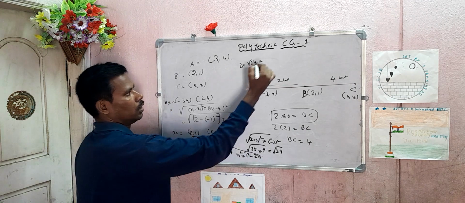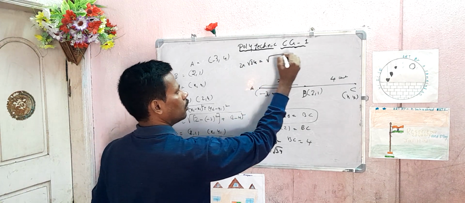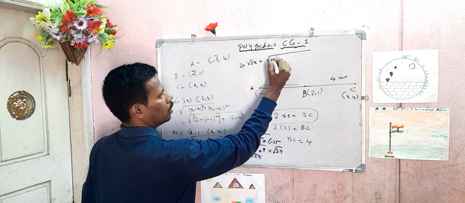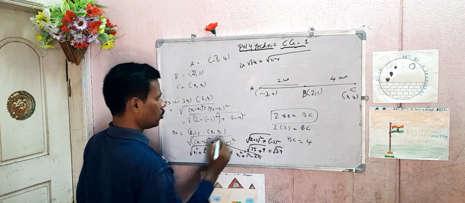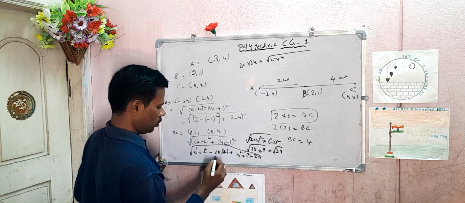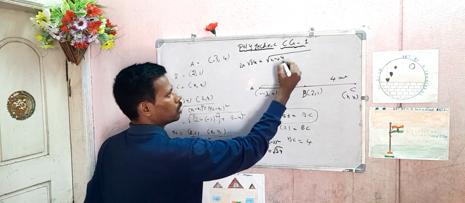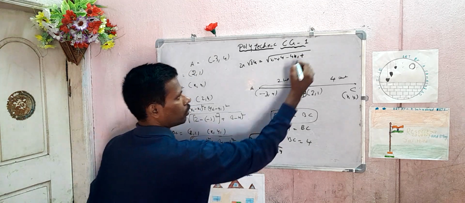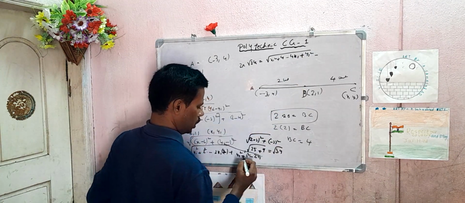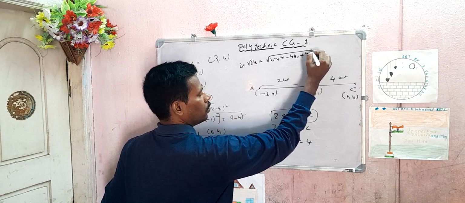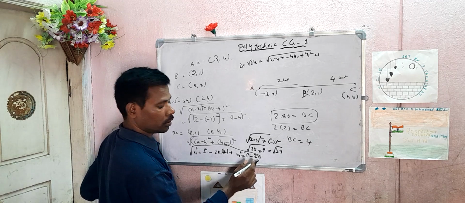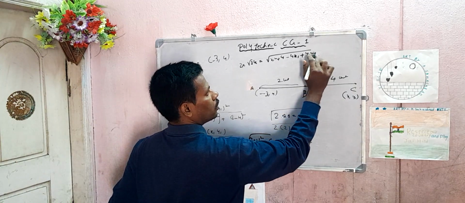Next, here this is nothing but what is the answer you got? x1 square plus 2 square is nothing but 4 and 2 into 2 is 4x1, minus 4x1 plus this is nothing but y1 square plus 1, minus this is nothing but 2 into y1, minus 2y1.